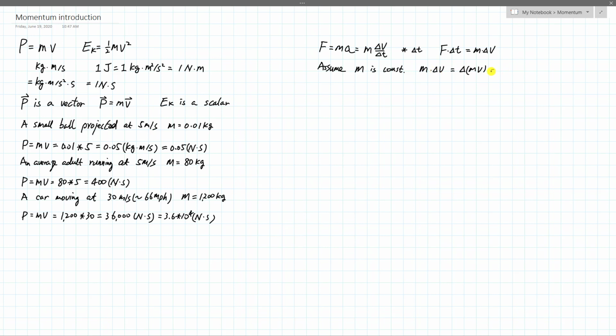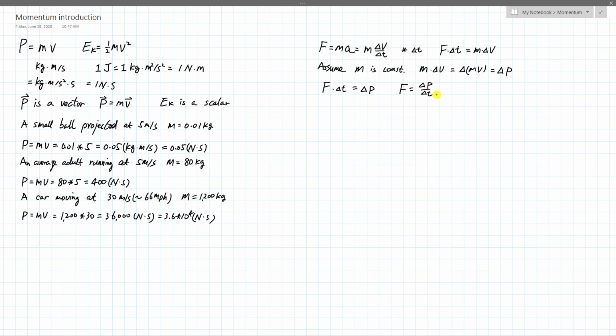So then we realize the mass times velocity is momentum, right? The left side is force and time, so force and duration, and the right side is the change of momentum. So now we know for sure how to change momentum: apply a force for a duration of time. And you can also say that F equals delta p over delta t.